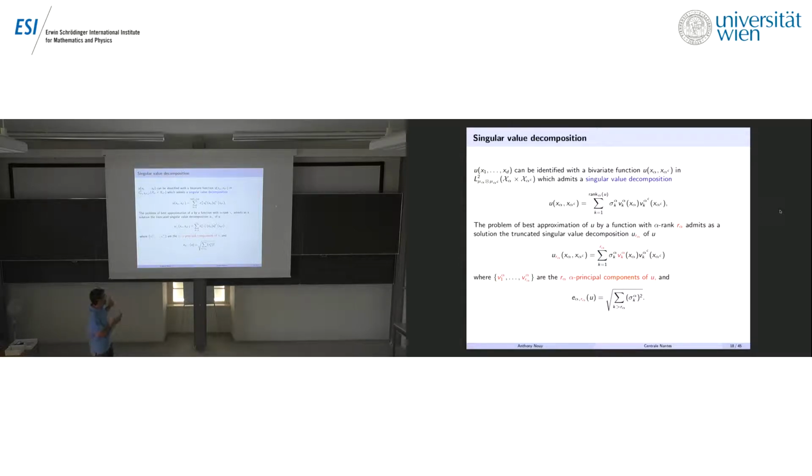Of course, you have as many singular value decompositions as the number of choices of the collection of variables alpha. Okay? For any group of variables alpha, you can have a different singular value decomposition.